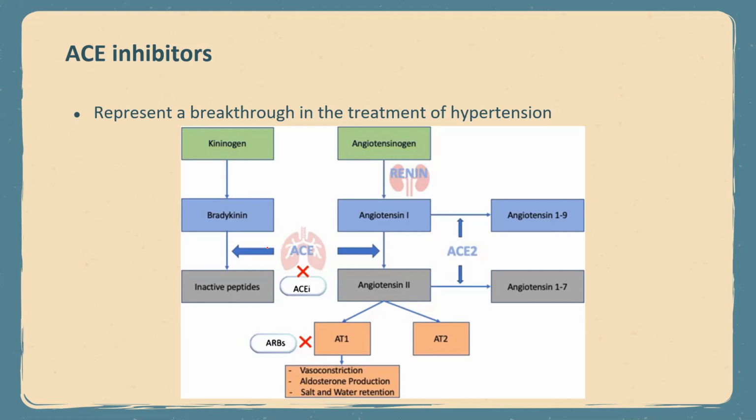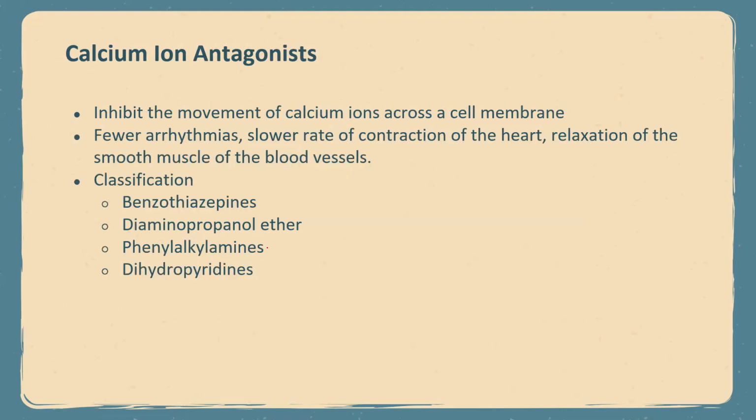Aside from that, it represents the major breakthrough in the treatment of hypertension. Because as we all know, the renin angiotensin aldosterone system plays a major role in the regulation of hypertension.